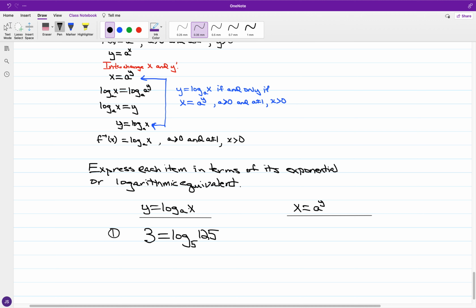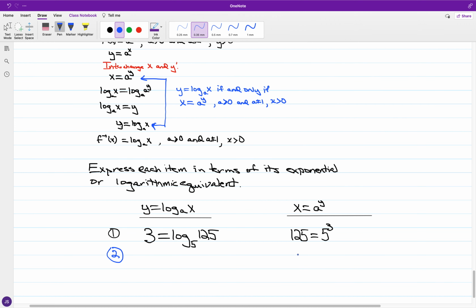So here you have x at 125, a is at 5, and y is at 3, and this will be carried over to what we have for the exponential counterpart. So in the rewrite, x we have at 125, and we have x is equal to a to the y, so a is at 5, and y is at 3. So the equivalent is going to be 125 is equal to 5 to the third.